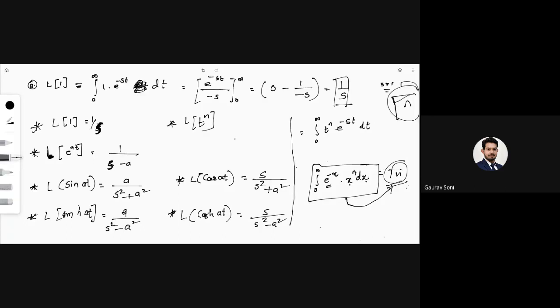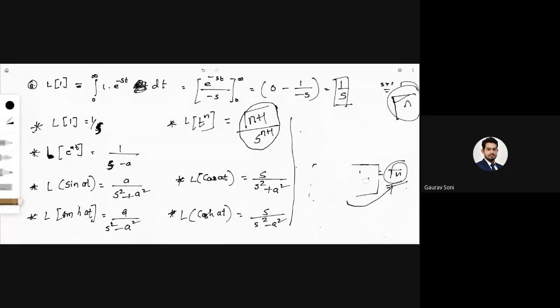So the Laplace transform of t raised to n is gamma of n plus 1 upon s raised to n plus 1. You just remember this, gamma of n plus 1. Even if you don't simplify, it is okay. And for simplification, I've given you two tools while talking about the Fourier transform.